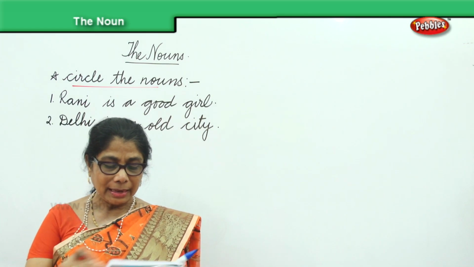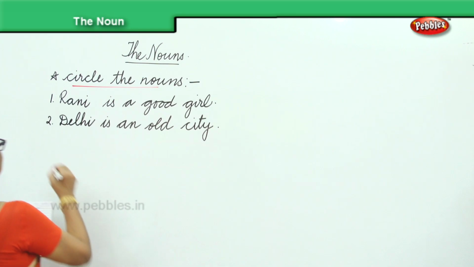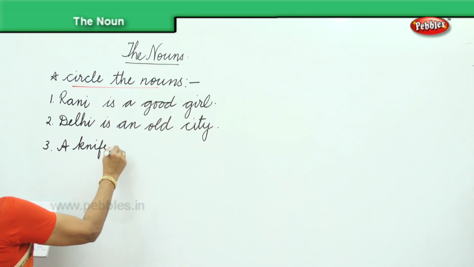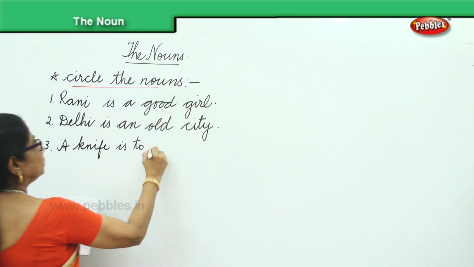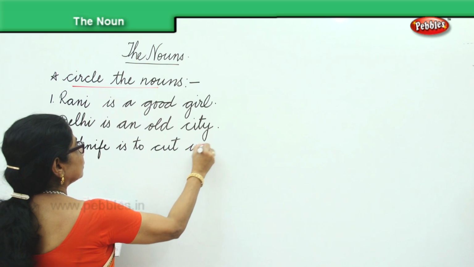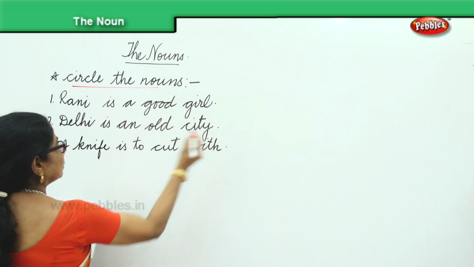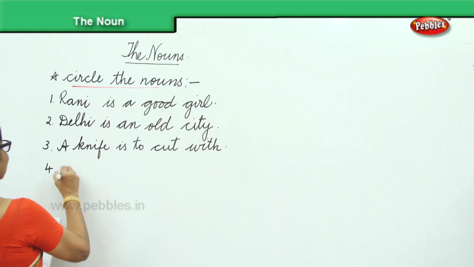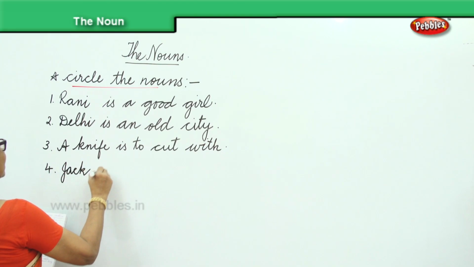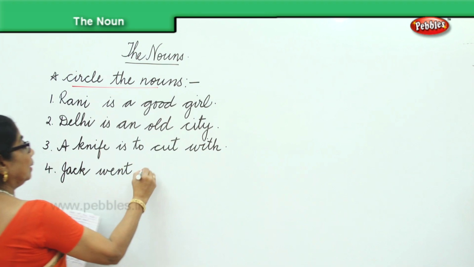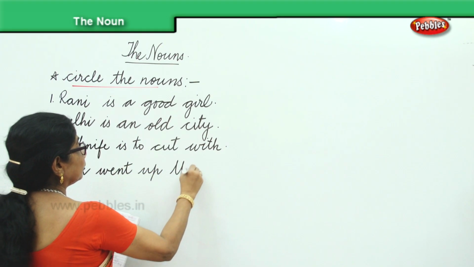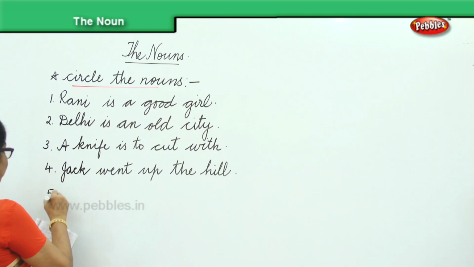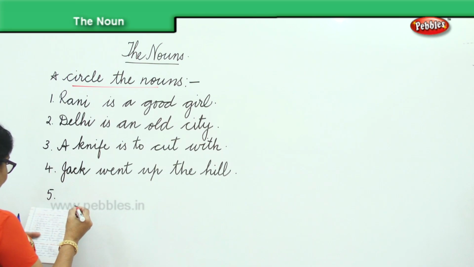Next we have, a knife is to cut with. Next we have, Jack went up the hill. Then I have for you, Ashoka was a great king.